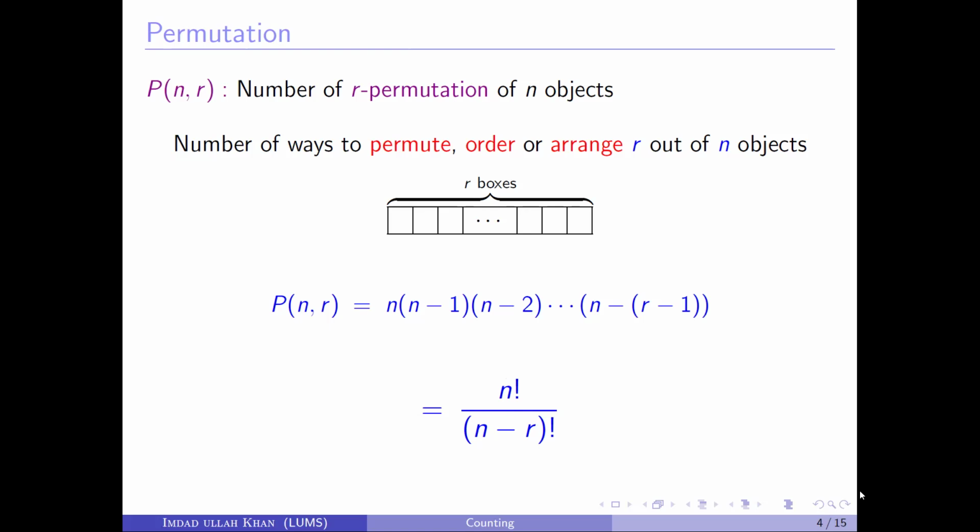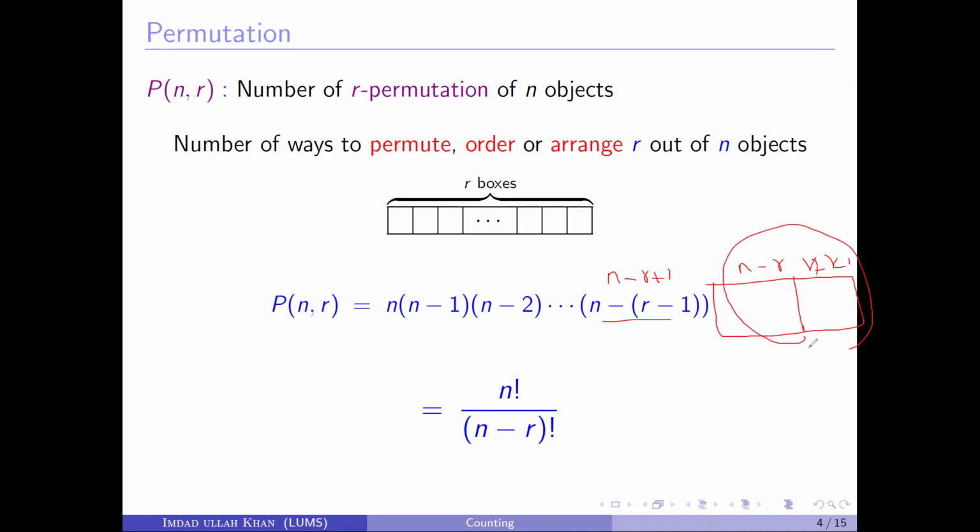Let me explain it further. The part which is missing, if we have to make up this entire thing as n factorial, starts at n minus R, then n minus R minus 1, and goes down to 1.